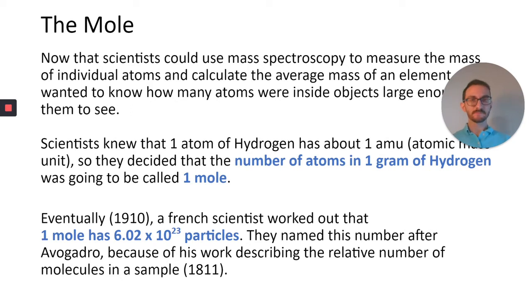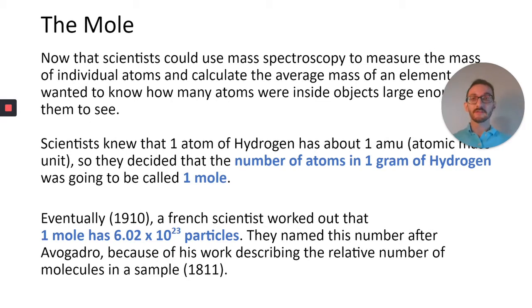atoms. And they named this number after Avogadro, who was a scientist whose work was published in 1811. So this was before Europe had contact with the Americas. So there's no correlation between Avogadro's name and avocados, even though those words sound very similar.